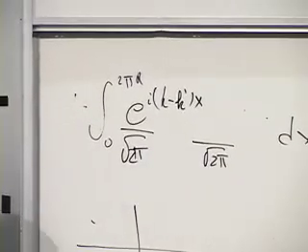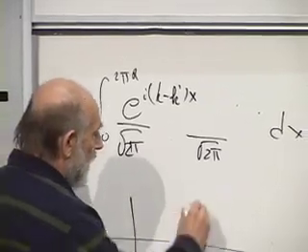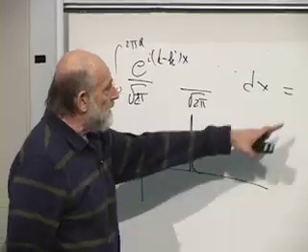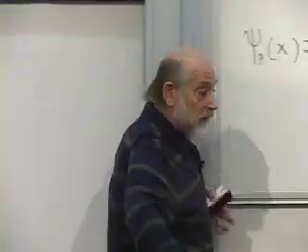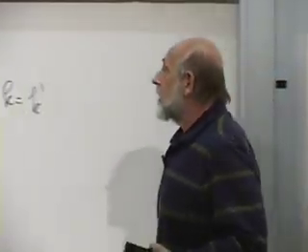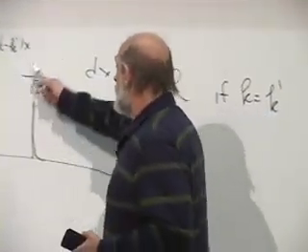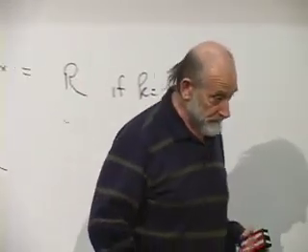It has the property that it's 0 if k is not equal to k prime, but it's very big, namely equal to r, when k is equal to k prime. We're imagining r getting very, very large. So we've stretched it out to make the inner product a delta function instead of a Kronecker delta.